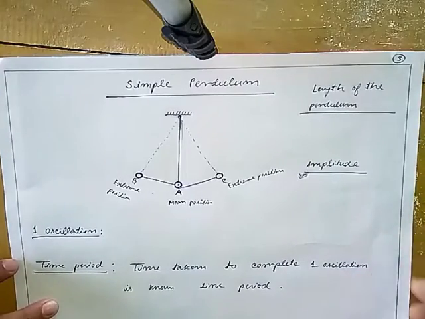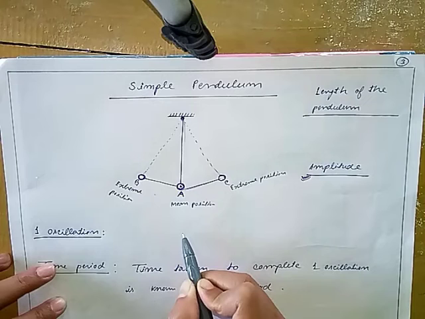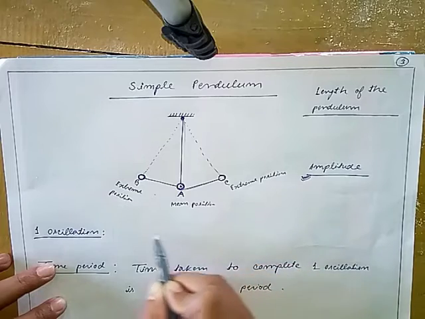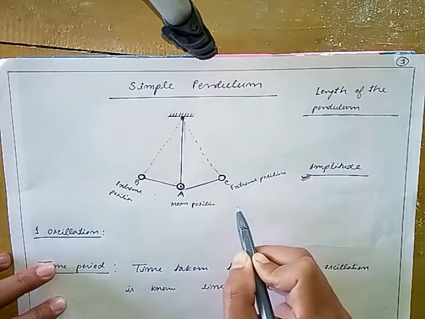And one more thing: if you increase the length of the pendulum, then the time taken by the ball to complete one oscillation will also increase.